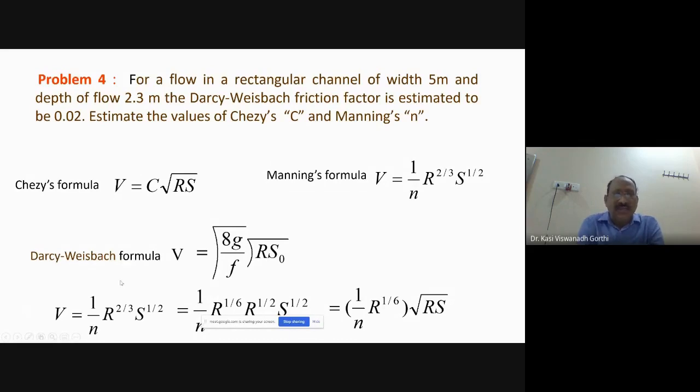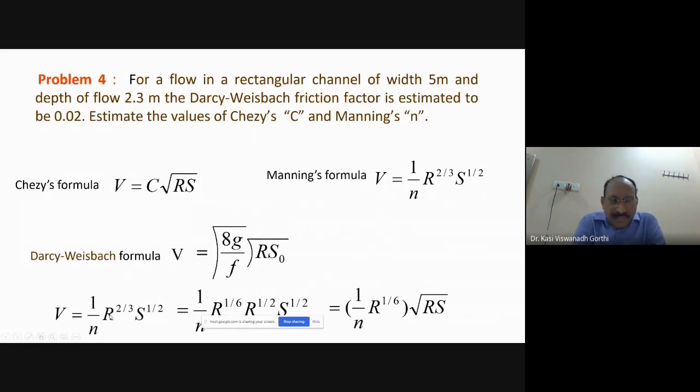Then Darcy-Weisbach: the velocity V is equal to square root of 8g by f into square root of R S. Don't bother about the difference between S naught and S; as far as uniform flow is concerned, both are the same. Take S naught equal to S. Then if you start comparing and substituting the values, from Manning's formula, V is equal to 1 by N, R power 2/3, S power half.